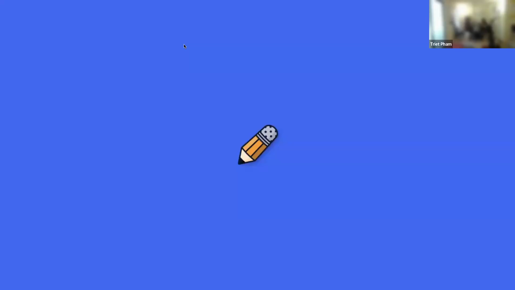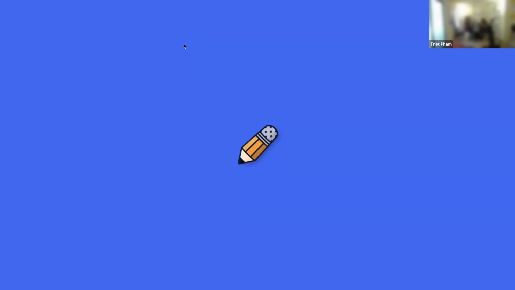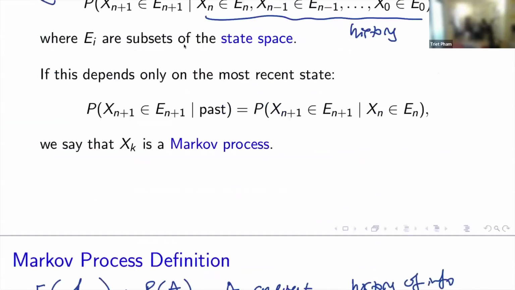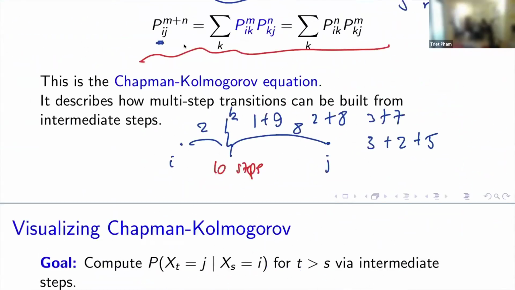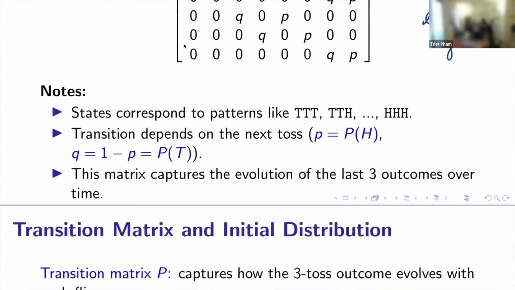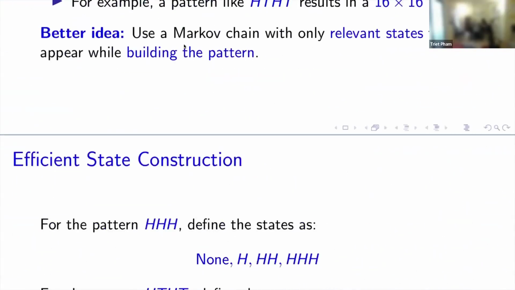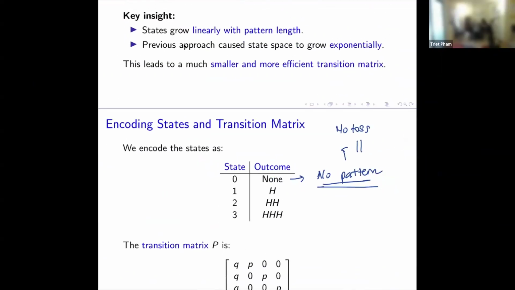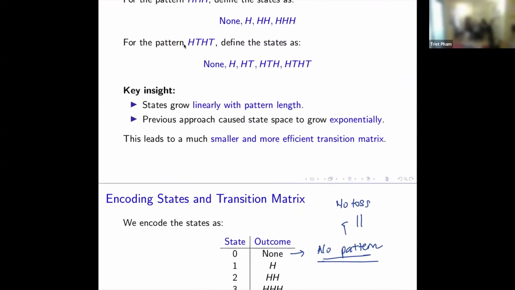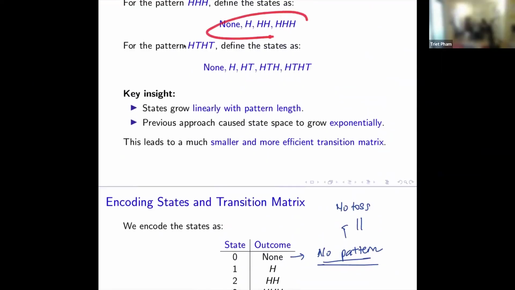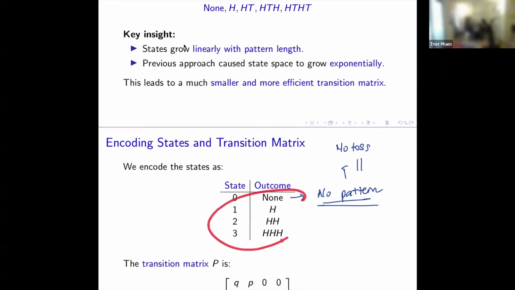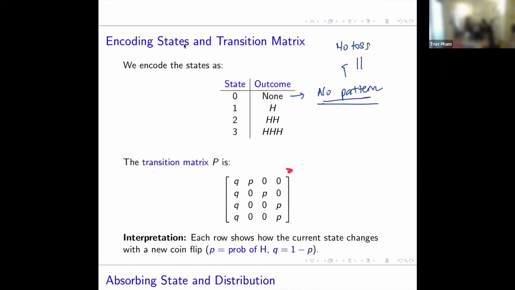So it's kind of educational for you to relate it back to this one. We also encode a new transition matrix, right?